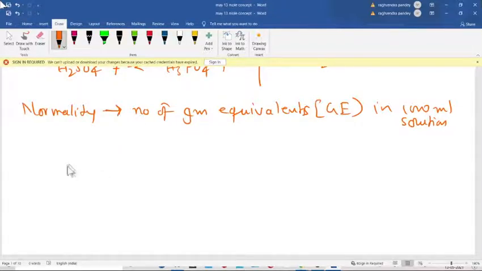Now equivalent weight is what? Equivalent weight is your molecular weight divided by the F factor.